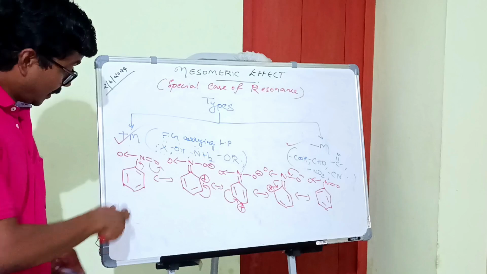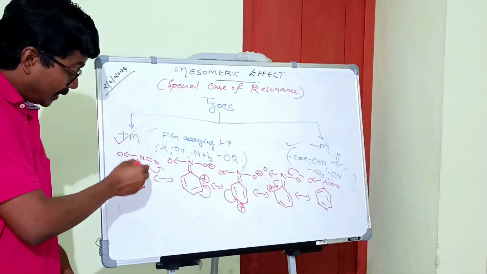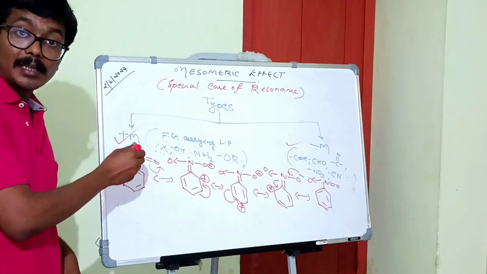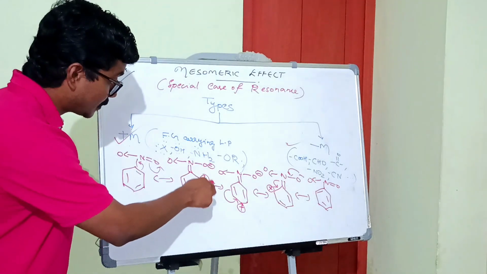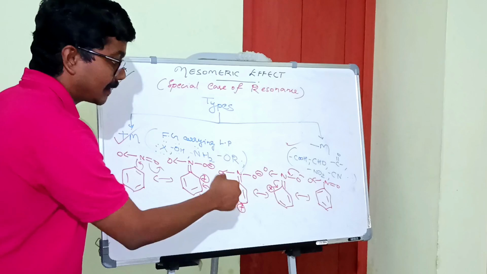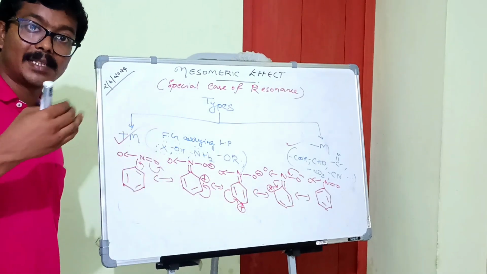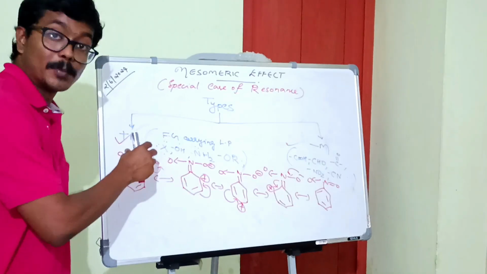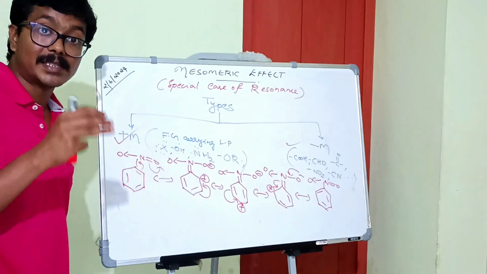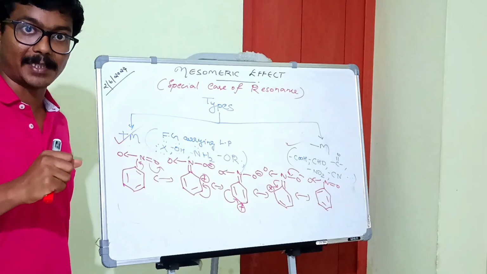Let's see that due to the minus M effect of this nitro group, the electron density on the benzene ring, the conjugate system, decreases. As a result of that, the positive charge is delocalized in the ring structure, right? Since the electron density decreases, the minus M effect facilitates nucleophilic substitution reaction rather than electrophilic.